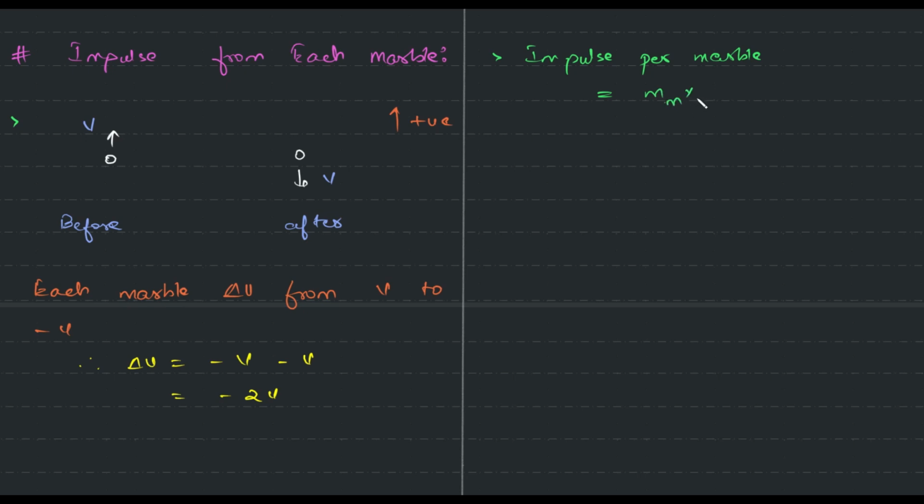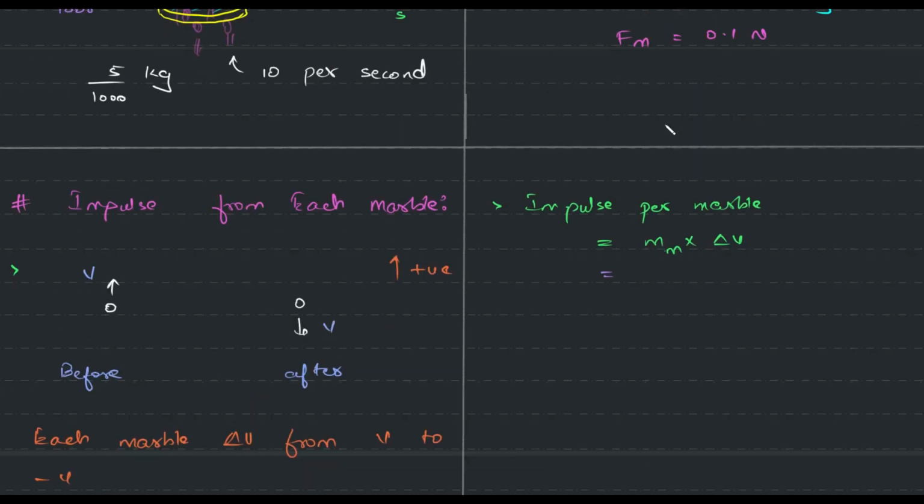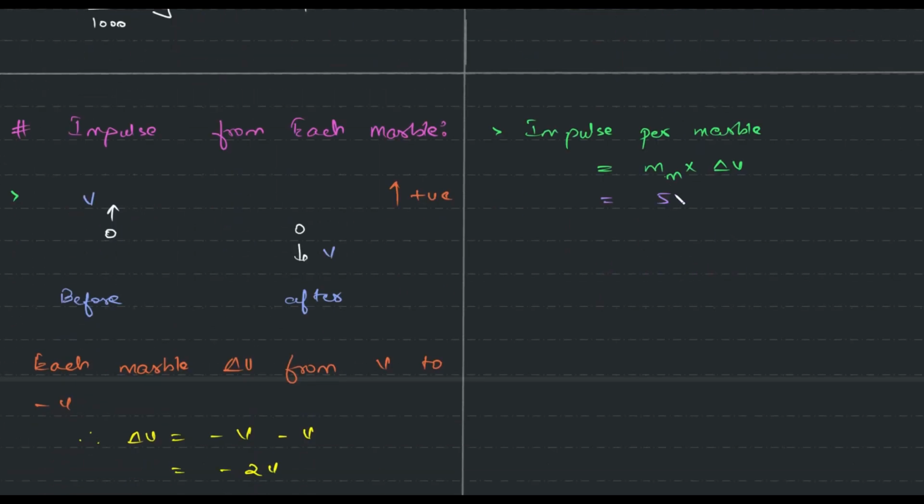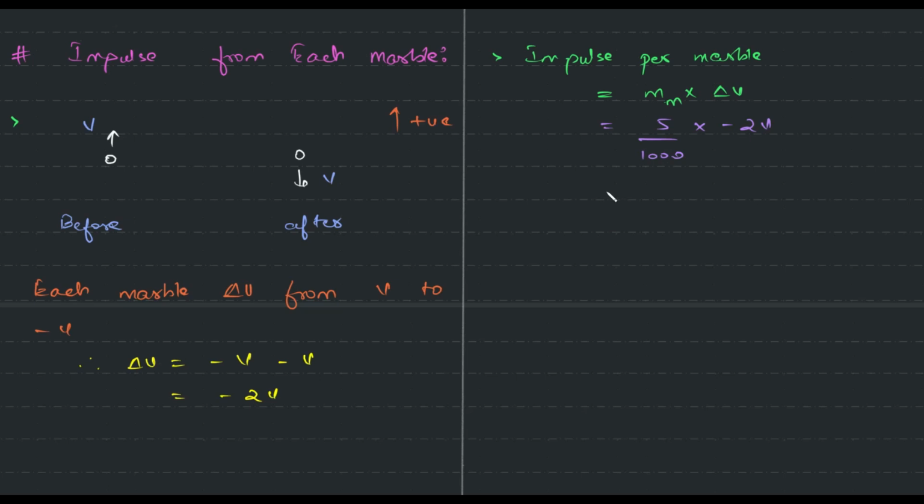Mass of the marble into change in velocity. And so this is nothing but, what is the mass? 5 by 1000 into change in velocity, minus 2v. So I'll just leave it as minus 2v. Right? So we'll leave this now.